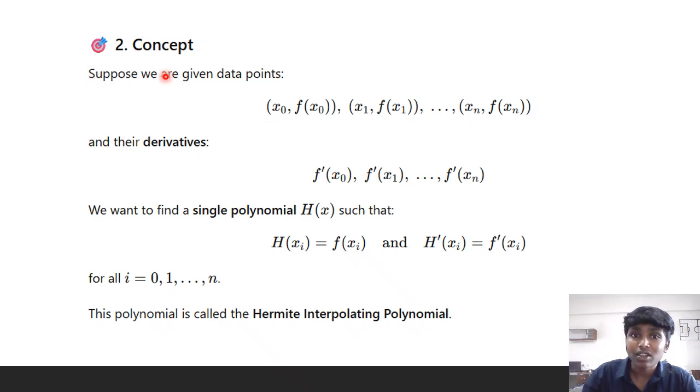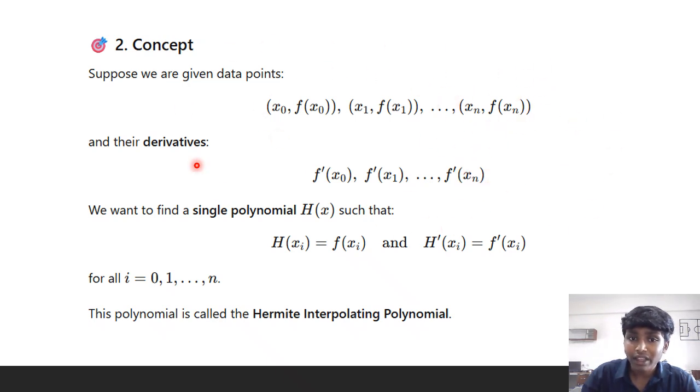So let's see the concept behind it. Initially we are given the data points: x0 and f of x0, x1 and f of x1, and so on, up to xn and f of xn. And we are also given their derivative values: f dash of x0 corresponding to x0 and f of x0, f dash of x1 corresponding to x1 and f of x1, and so on, f dash of xn corresponding to xn and f of xn.